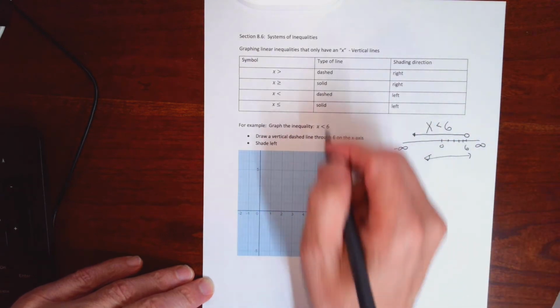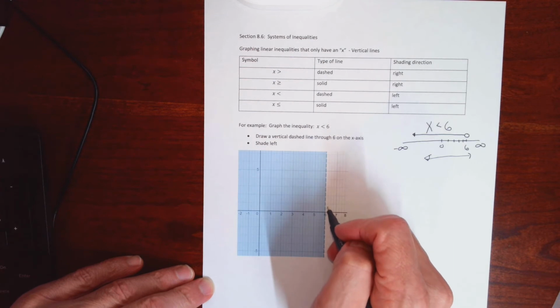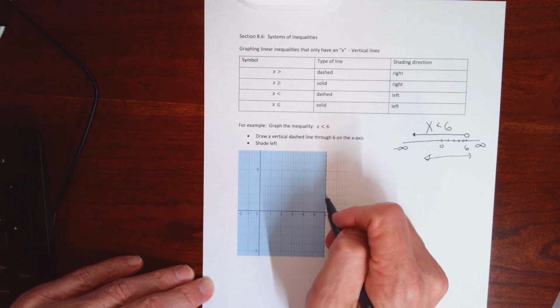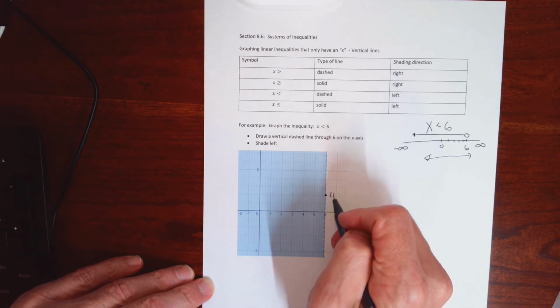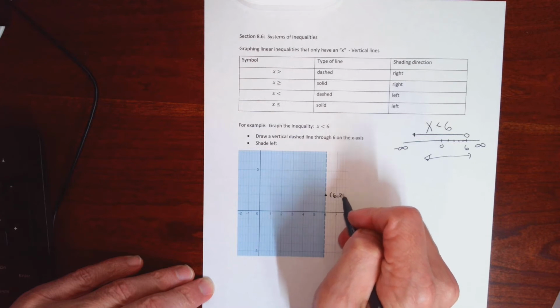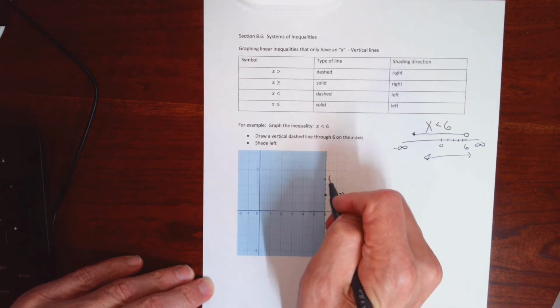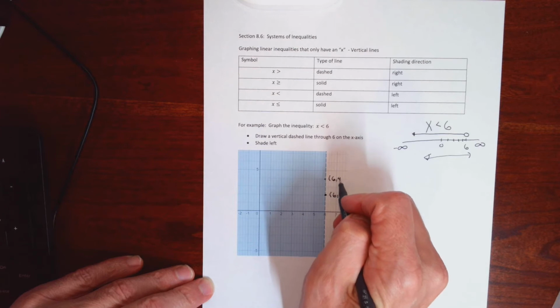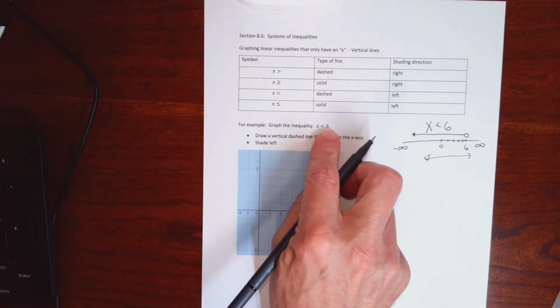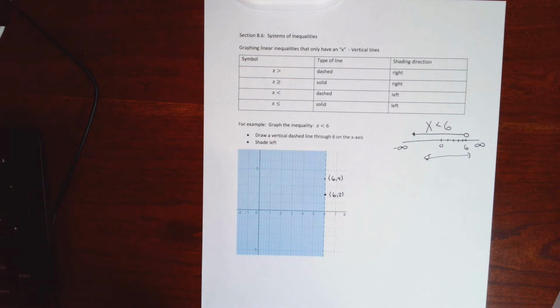All the points on the vertical line drawn through 6, if I wrote some points, which I don't really have to, each point on that line has an x coordinate of 6. They shouldn't be included in the graph of all the points whose coordinates are x is less than 6. The dashed line omits the points that have x coordinates equal to 6.